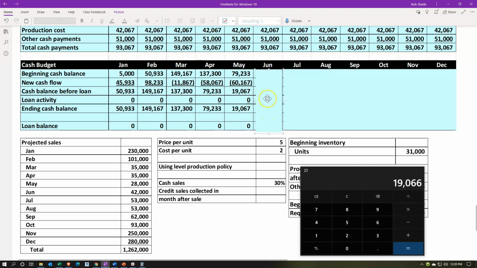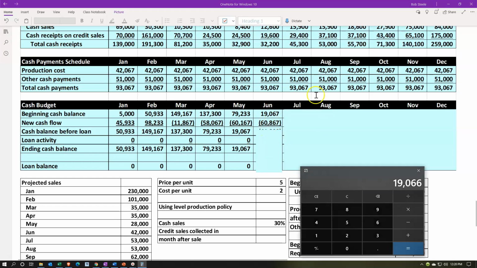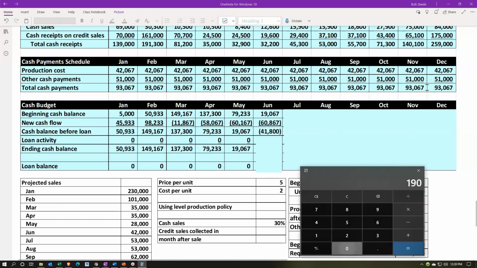So now we've got June, and June is going to start at the same beginning point as the ending point for May. We have the difference getting larger here, 32,200 minus the 93,067. So cash outflow, if we add that to the beginning balance plus the 19,067, we're at now a negative flow of cash.